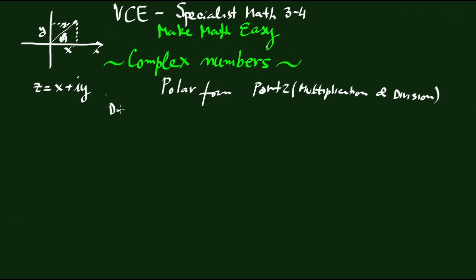So De Moivre's theorem can be used to solve equations of the type z to the n equals any complex number.